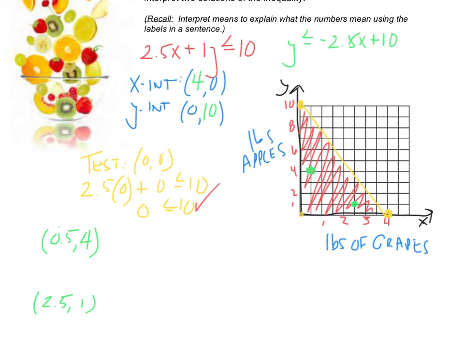So what do those mean? What those mean are, if I buy 1/2 a pound of grapes, I can buy 4 pounds of apples.